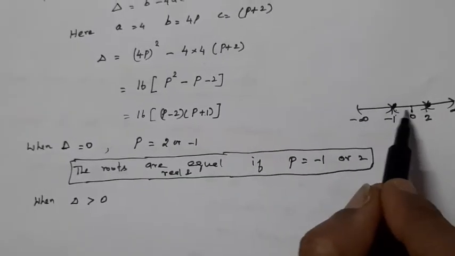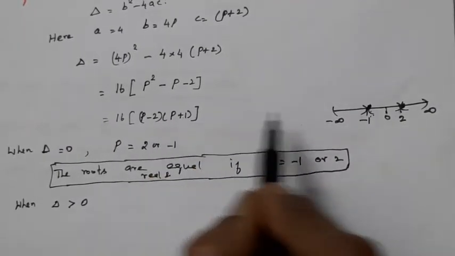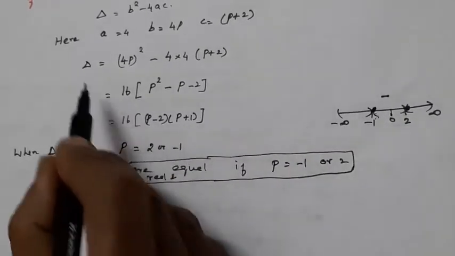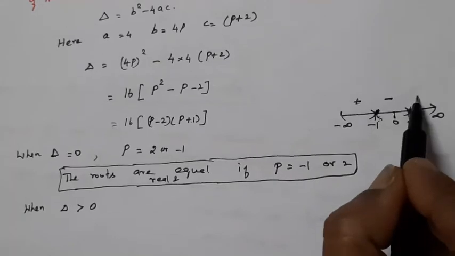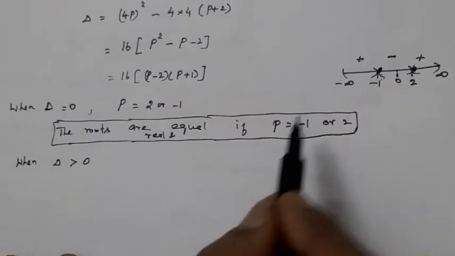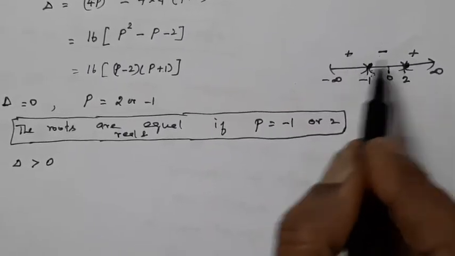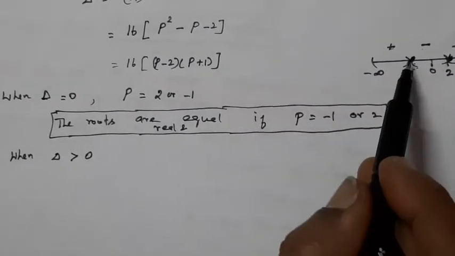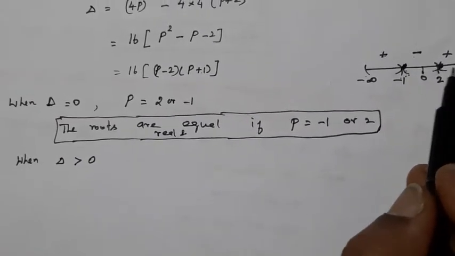So, whenever p takes a value in this interval minus 1 to 2, delta will be negative. So automatically delta will be positive in the other 2 intervals, because there is a partition. If it is negative in one, automatically in the other 2 intervals it will be positive. So, when delta is greater than 0, p should lie between minus infinity and minus 1, and between 2 and infinity.